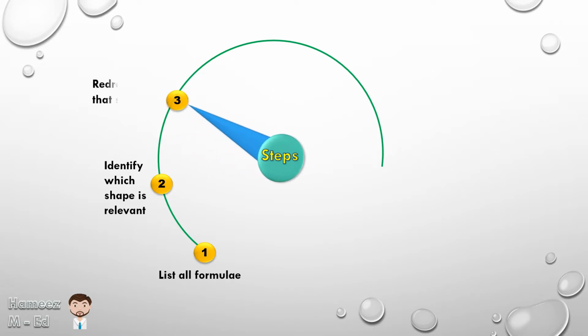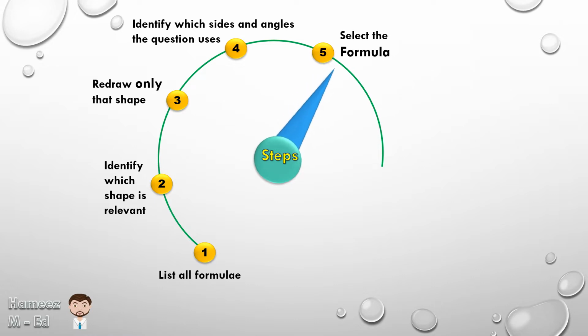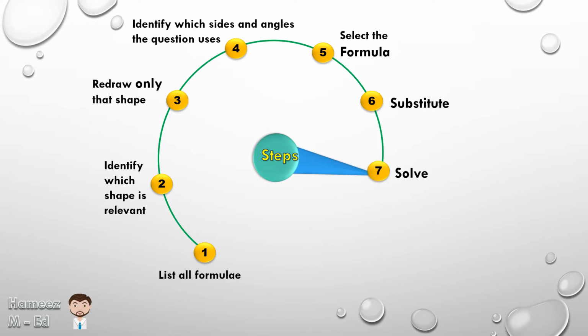We draw only that shape, and then identify which sides and angles the question uses. Select the formula, then substitute accordingly into it, and solve for the unknown. These steps will help students who are getting major problems.